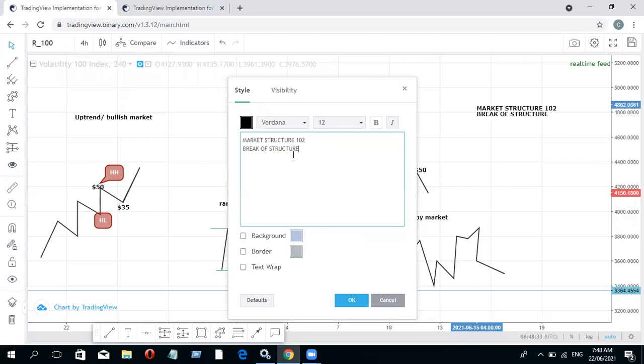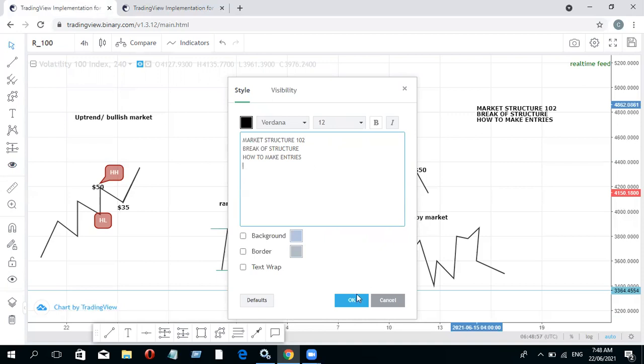Teaching you break of structure, and I'll be teaching you how to make entries. So these are the basic things I'll be teaching you in the next video: the break of structure and how to make entries using market structure.